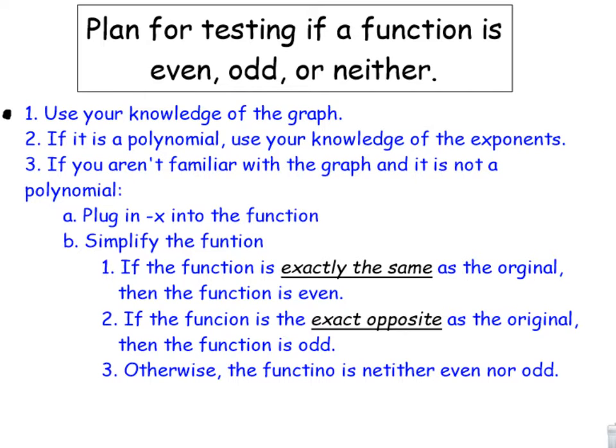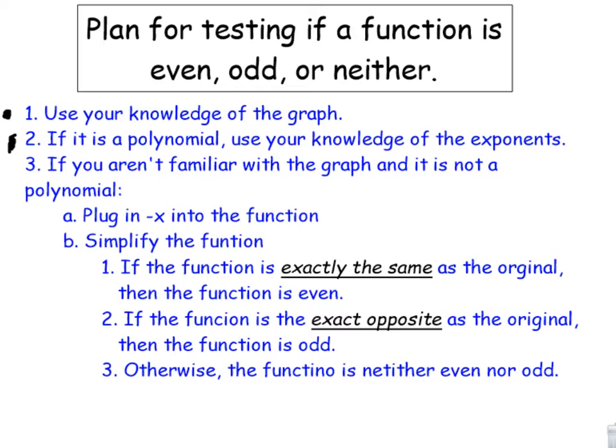If it's a polynomial, you can use your knowledge of the exponents that we just mentioned. If all the exponents are even, it's an even function. If they're odd, it's an odd function. Now realize a constant is x to the 0 power, so that has an even exponent.